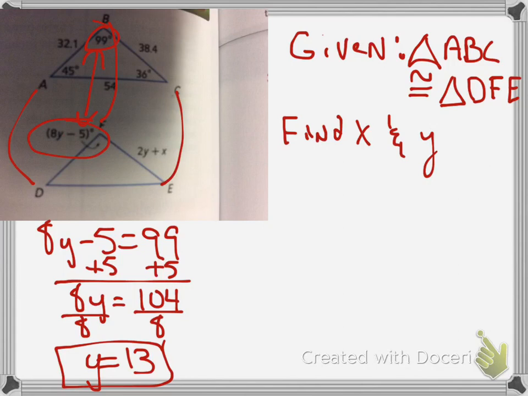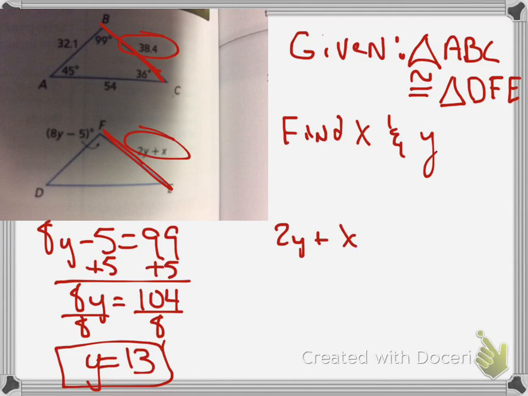Well, I know that this side and this side are congruent, and then I've got these two lengths, so I can put here 2y plus x is equal to 38.4.